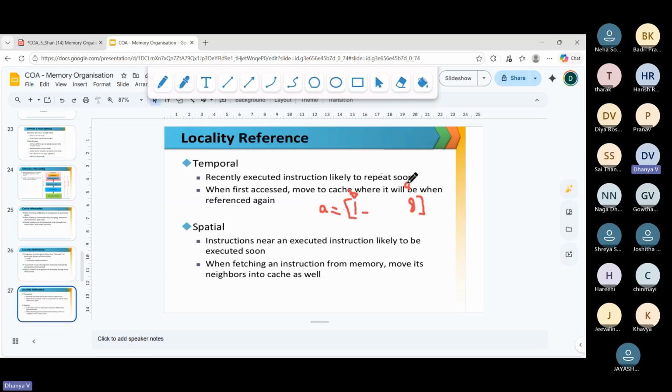If you're accessing something like index 2 over here, there are high chances that you might access something near it.